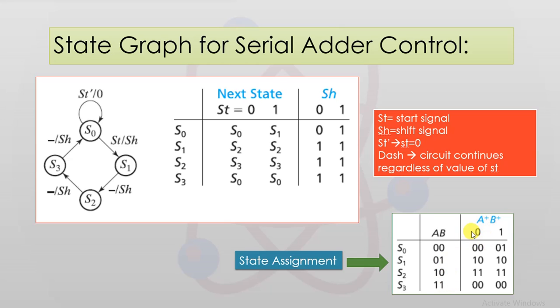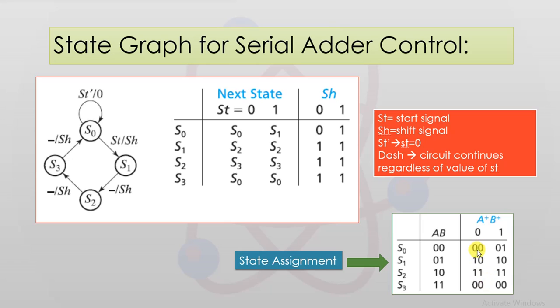In order to fill the next state, I am going to represent the start signal ST as 0 and 1, and S0 I have represented as 00, S1 as 01, S2 as 10, and S3 as 11. So you need to fill in the binary representations corresponding to S0, S1, S2, S3 and S0.